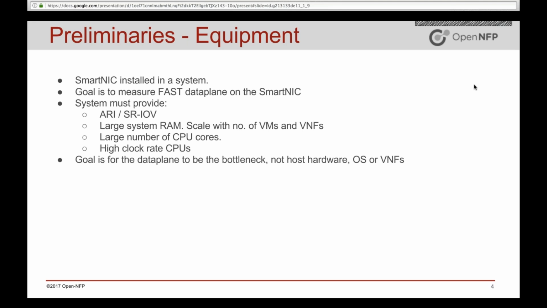In our configurations, typically the system needs to support SR-IOV and ARI. You will need, in most cases, a large amount of RAM because when you start running multiple VNFs and multiple VMs, you need to allocate an appropriate amount of RAM to each of those VMs, and small systems just don't make the grade.